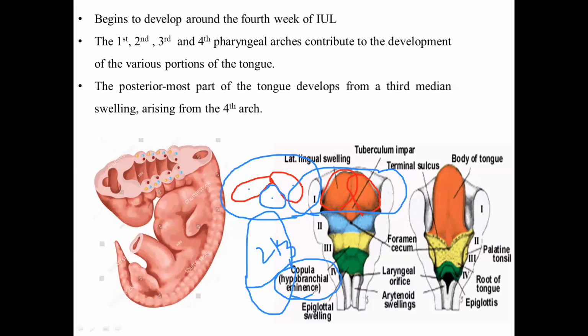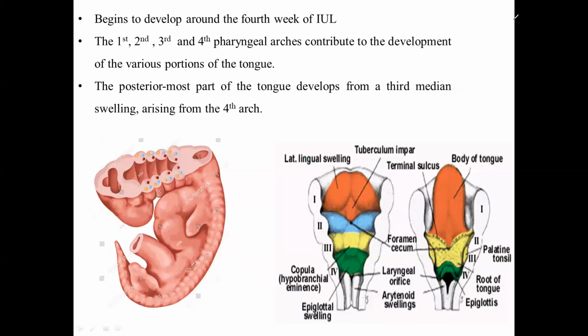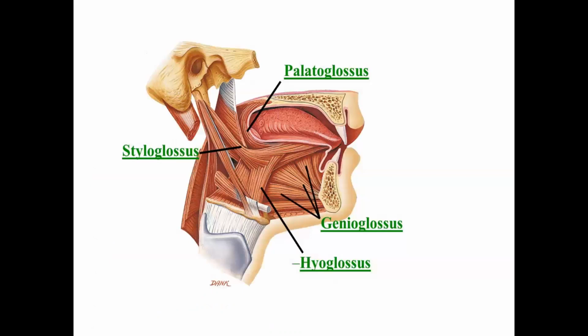That helps in forming the posterior 1/3 of the tongue. The very posterior root of the tongue is formed by the pharyngeal arch 4. So this is the embryology of the tongue: the tongue starts developing from the 4th week of intrauterine life.